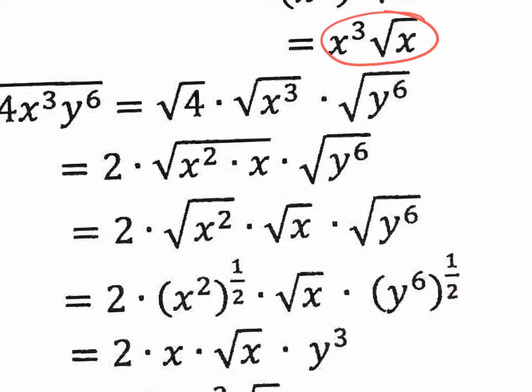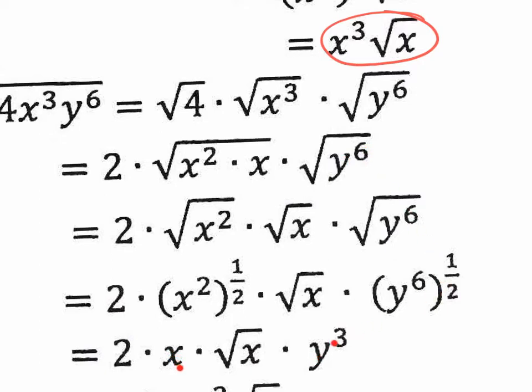You'll get 2. And for the square root of x to the 3rd, since you can't divide by 2, we're going to split it into something you can divide by 2. So you're going to say x to the 2nd times x to the 1. That's really x to the 3rd. But when we split it, now you can take x to the 2nd to the power of 1/2, which means half of 2 is just going to be 1 regular x. The square root of x just comes down. And over here, the square root of y to the 6th, we know that's just y to the 3rd.